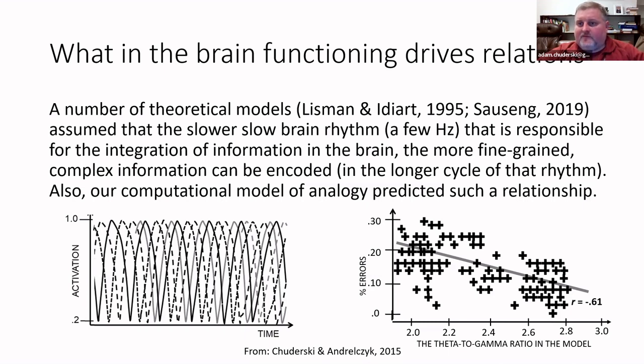So for example, if you compare a 5 hertz oscillation with a 2 hertz oscillation, in 5 hertz you have only 200 milliseconds to encode what is happening during one cycle, and there is an assumption that one neural cycle integrates the set of elements that is required in a task.